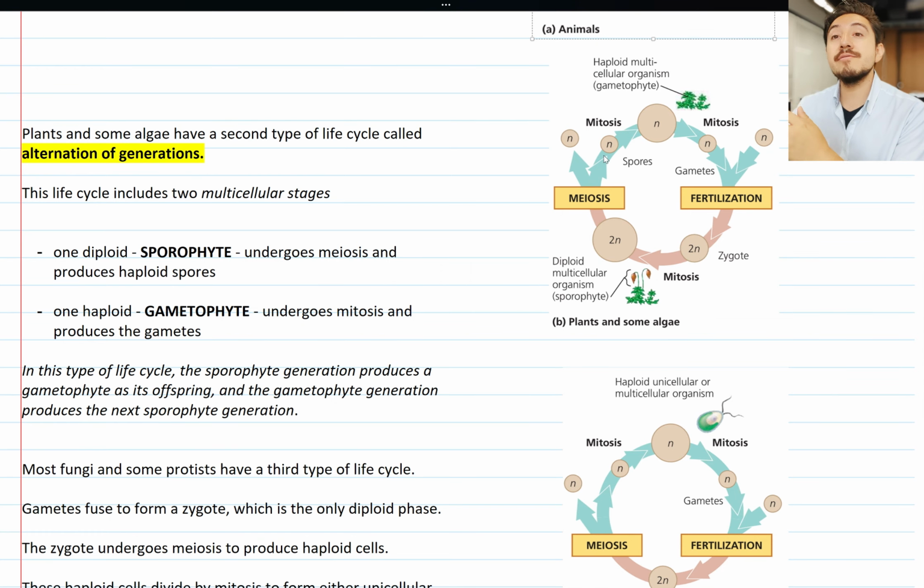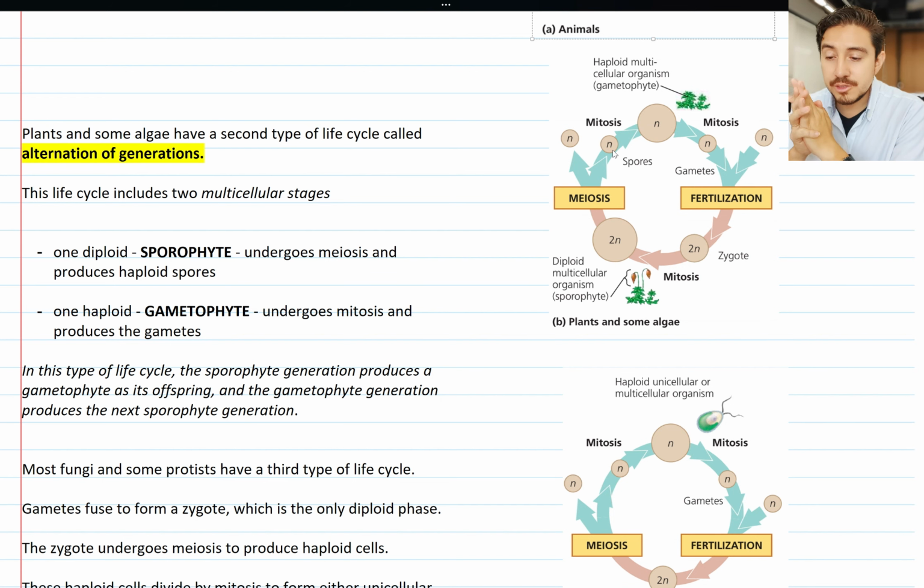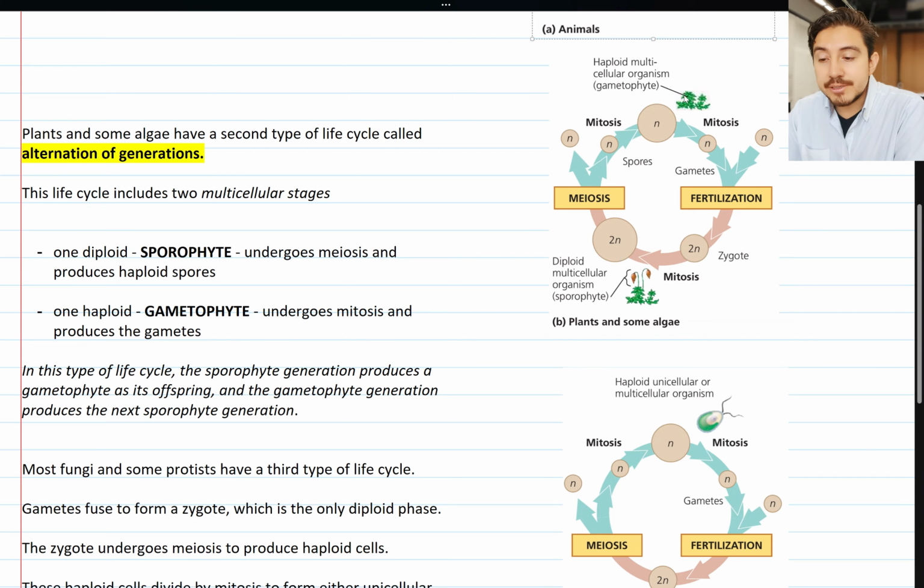Of course, they've undergone meiosis. These spores will then undergo cell division, mitosis, but everything is haploid. This multicellular organism is growing and growing. It's referred to as a gametophyte. And in gametophytes, the entire organism is haploid.